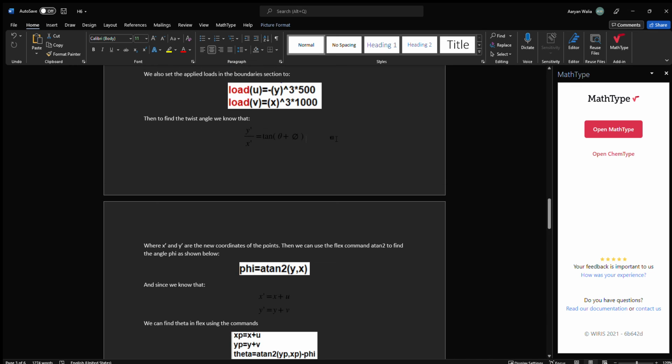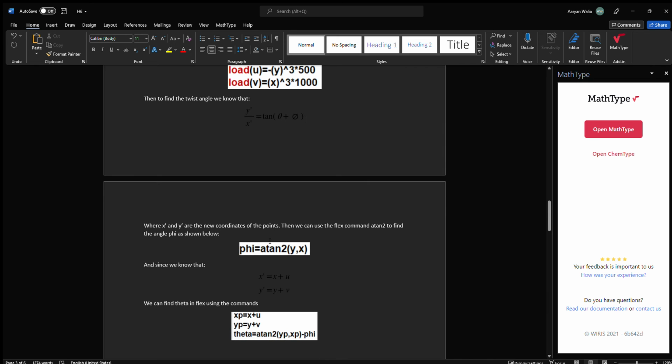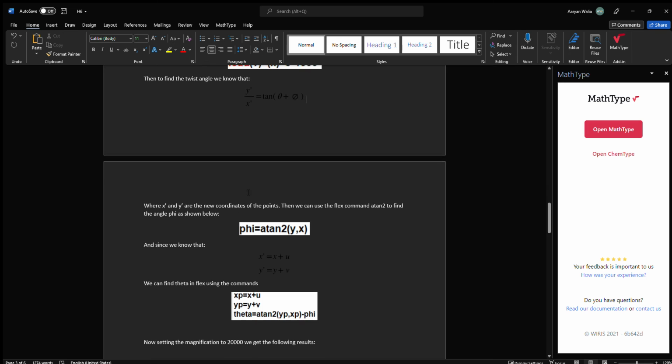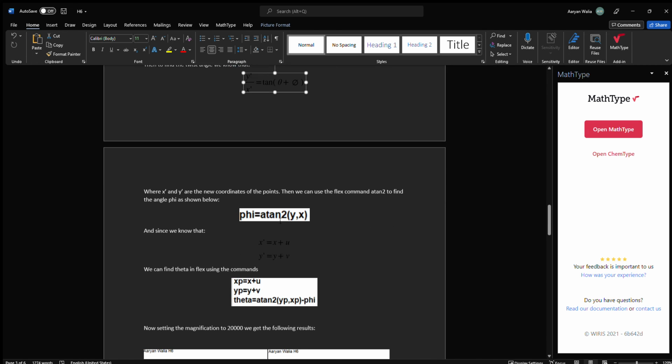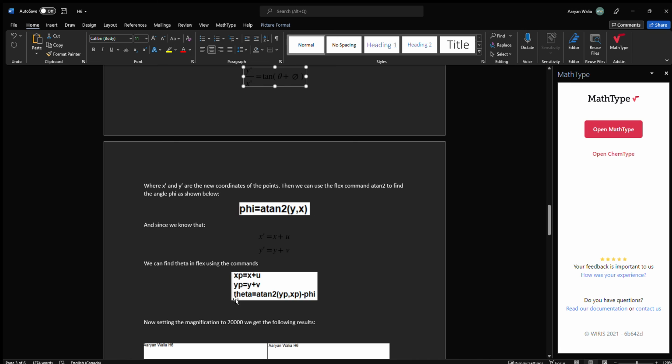Now we can use the polar coordinate method to find the twist angle. It's kind of out of order, but y prime and x prime are defined as the original x plus the displacement, and the same thing with y. First we need to find phi, and if the original twist is 0 before applying the stresses, we can use the atan function to define phi, and then rearrange this first equation to find what theta is equal to.